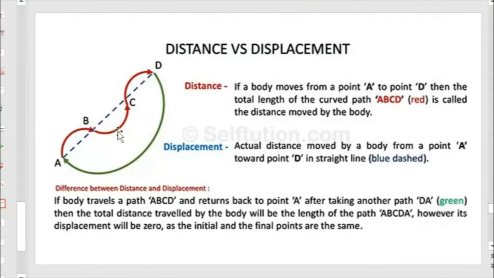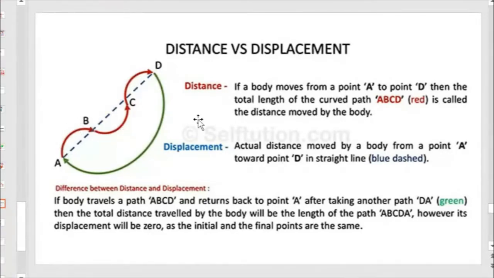This is not sausage. This is a path. Let's say you move from point A to point B. Then this is the path you move. So the red color one, this one we call it the distance. This is the distance. A B, B C, C D can form the trigonometric function.